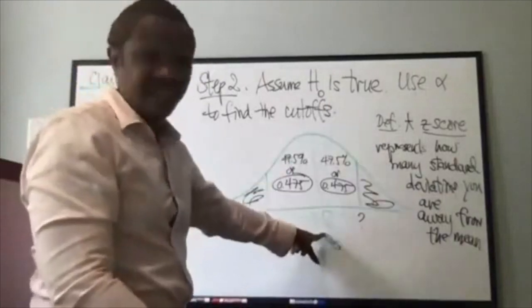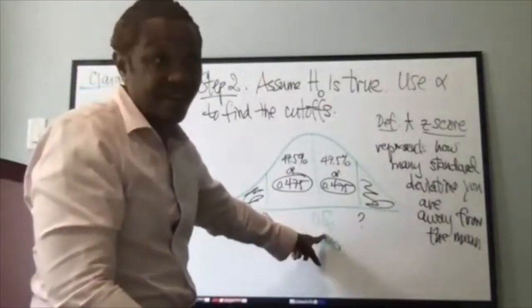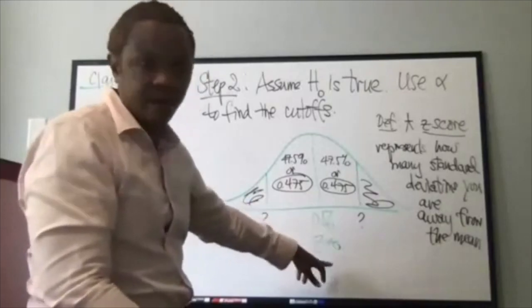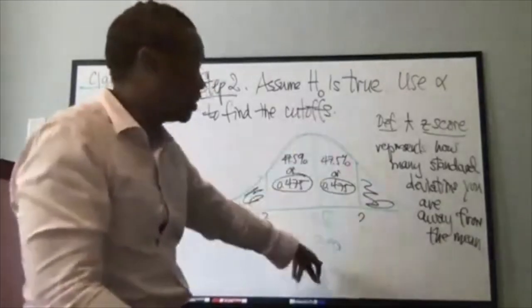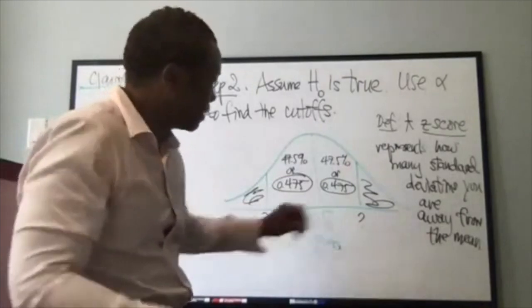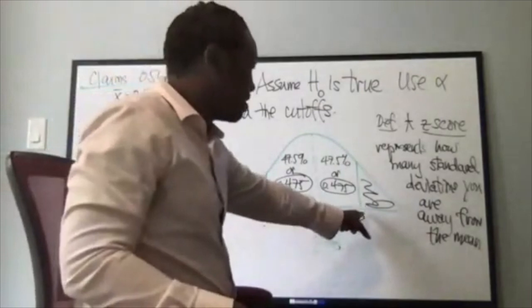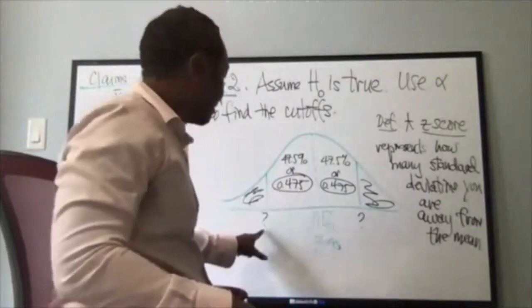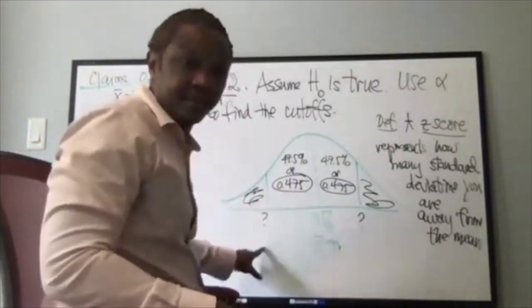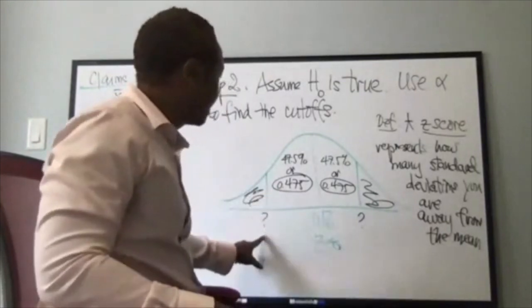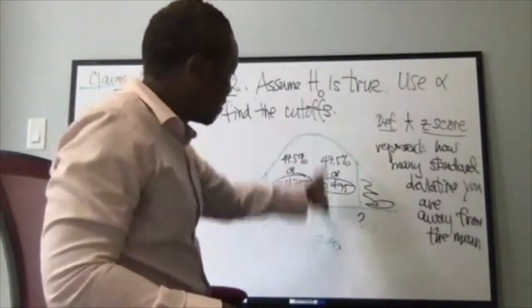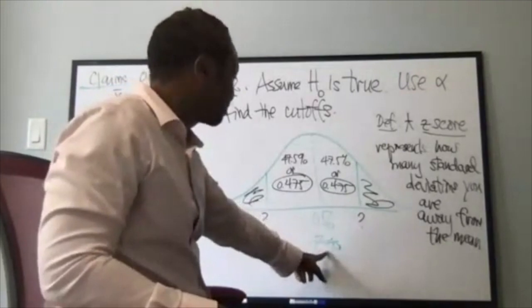Well, if the mean is 0.56, how far is 0.56 from itself? No. So that's why we always say Z equals 0 here. But now the challenge is to find out what is the value of these question marks here as a Z value. So the mean is always going to have a Z-score of 0.